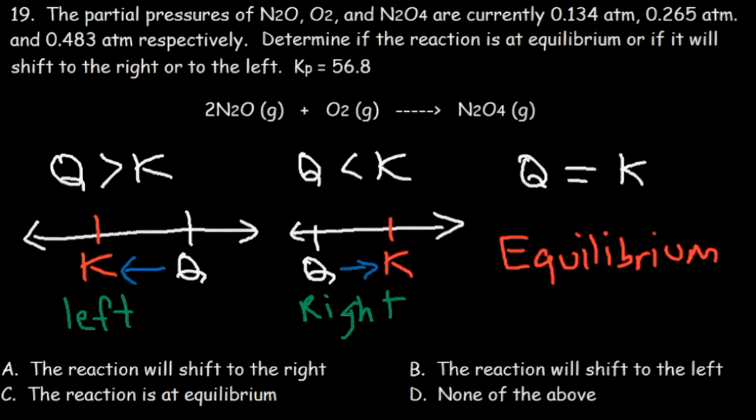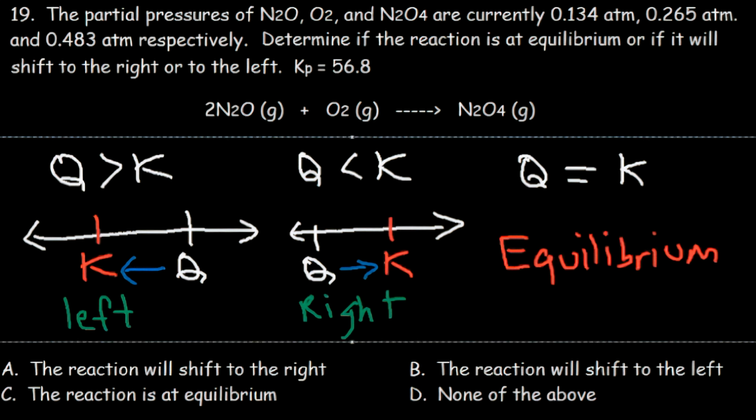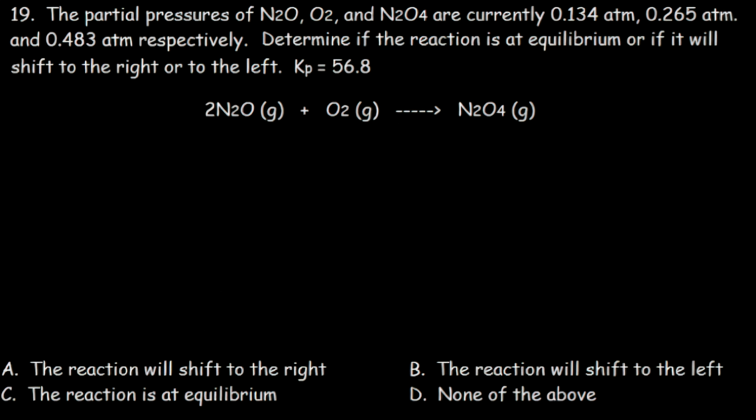So that's great, but how can we use this to find Q, the reaction quotient? We already have the value of K. We know that it's 56.8, but how can we find Q? Q can be found the same way as K. K is products over reactants, but you have to use the equilibrium concentration or partial pressure values.